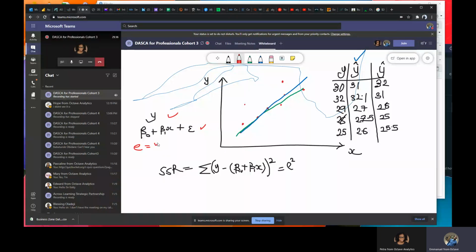I'm going to have e equals y minus b naught plus b1 x. It's not even minus, it's going to be positive because it's going to the left hand side. So I'll have error to be y minus this. By the time I square both sides, I'm going to have this SSR.